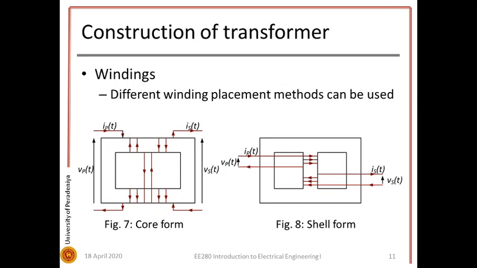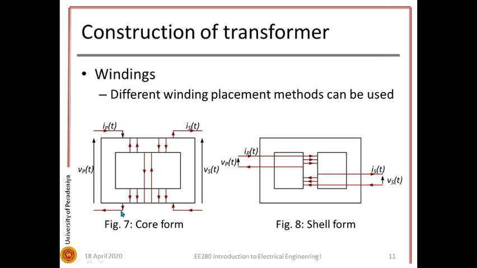So the windings can be wound in different ways. Here I have represented two types of winding placement methods. The first one is known as the core form and the second one is known as the shell form. In the core form, part of the winding would be wound on one limb, whereas the other part is going to be wound on the other limb.